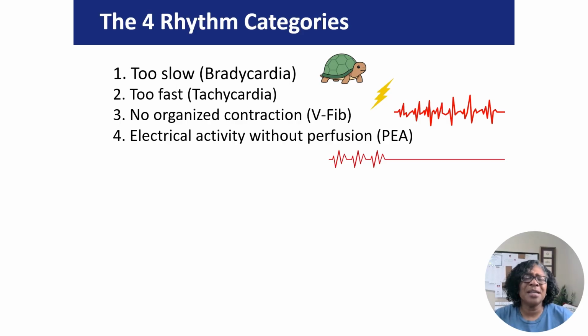Number three, the ones that aren't organized, like your ventricular fibrillation. And then number four, it's those where there is electrical activity without perfusion, and that acronym is PEA. And that's really it. Look at it in those four rhythm categories.